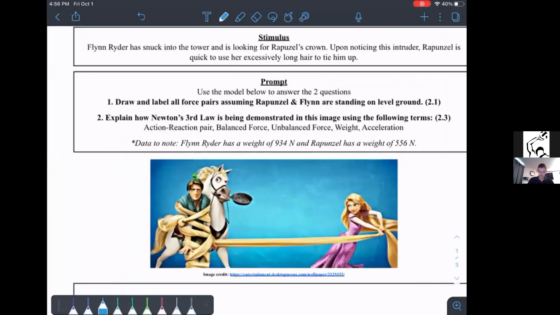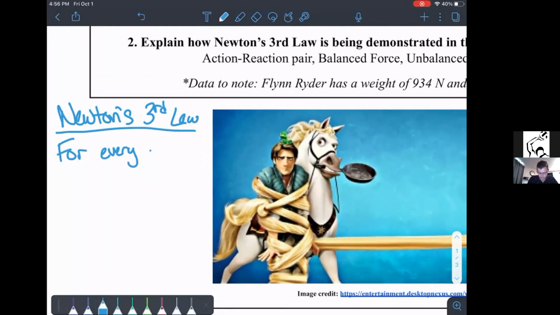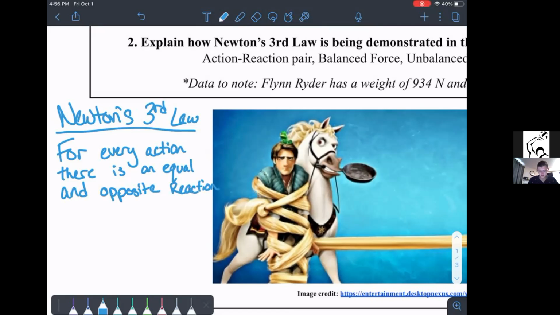And so if we get more specific and we remember that Newton's third law says for every action, there's an equal and opposite reaction. So for every action, there's going to be an equal and opposite reaction.